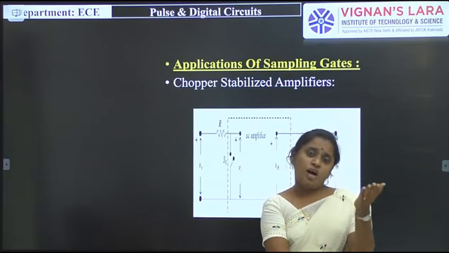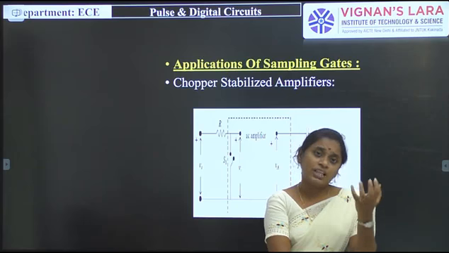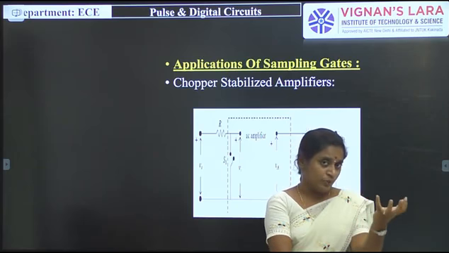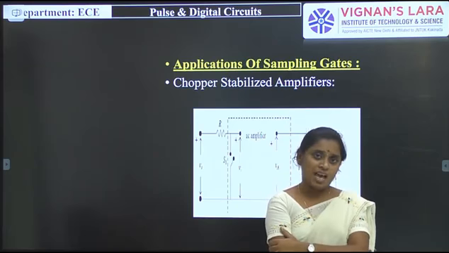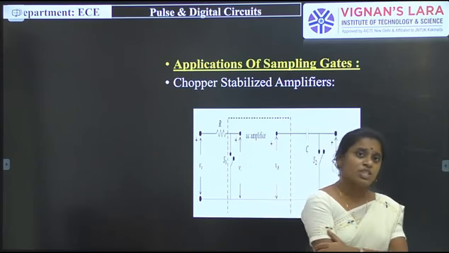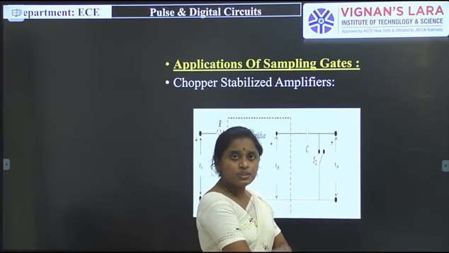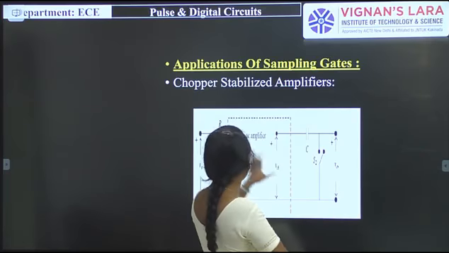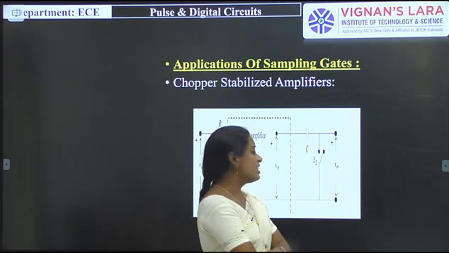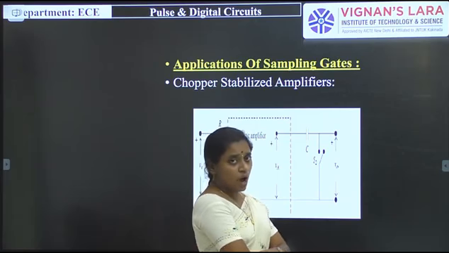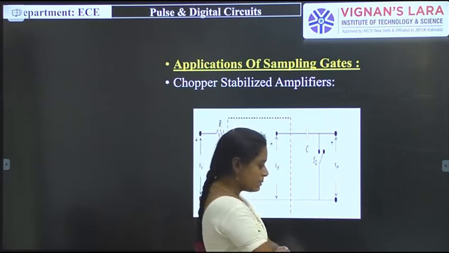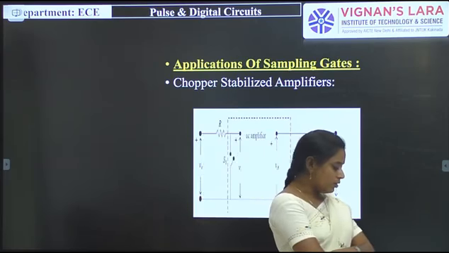When the switch is off, whatever input signal we give will be given to the AC amplifier. This action depends mainly upon this resistor and capacitor, and these are known as choppers.